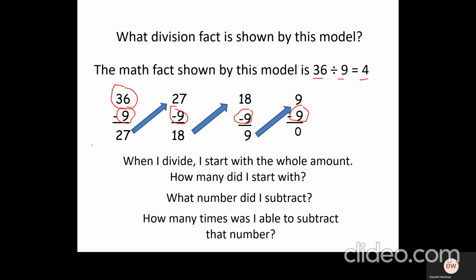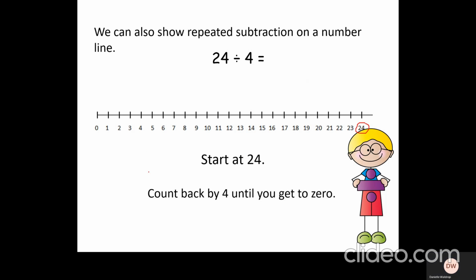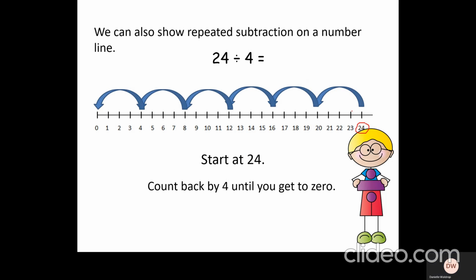Okay, we can also show repeated subtraction on a number line. 24 divided by 4. Start at 24. Now remember, subtraction, we're going backwards. We're going to get smaller. Count back by 4 until you get to 0. Remember, you don't count the number that you start with. You come off of that number. So 1, 2, 3, 4.